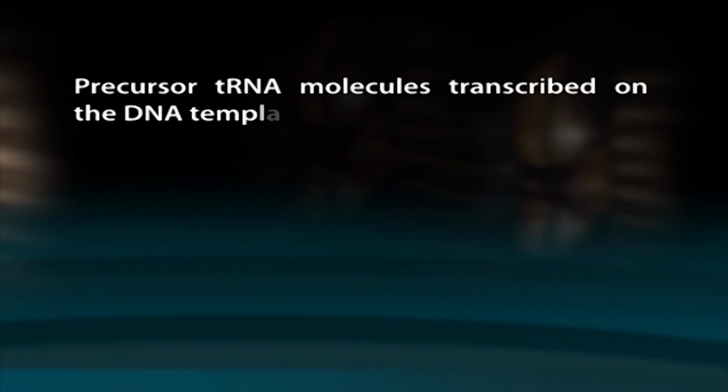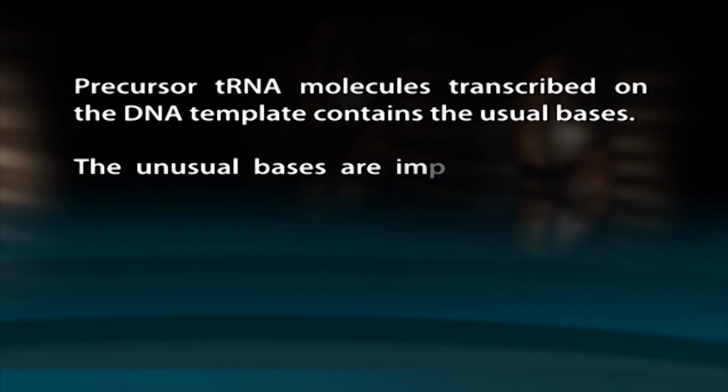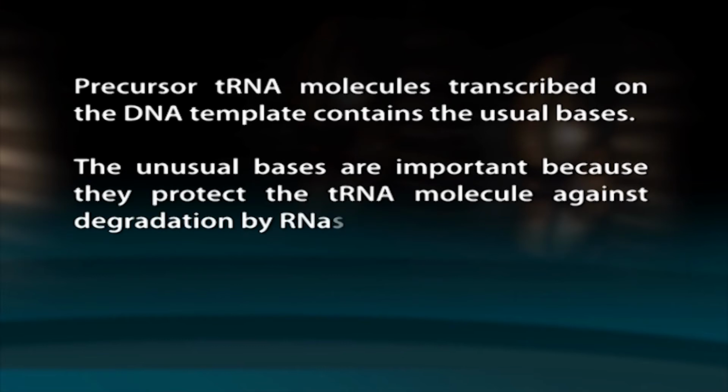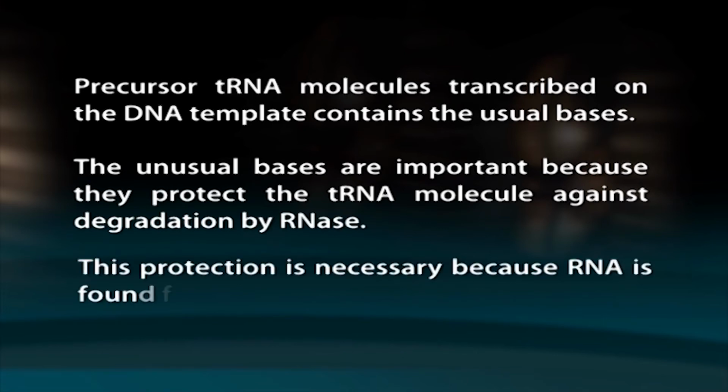For example, cytosine and guanine on methylation yield methyl cytosine and methyl guanine respectively. Precursor tRNA molecules transcribed on the DNA template contain the usual bases. The unusual bases are important because they protect the tRNA molecule against degradation by RNases. This protection is necessary because RNase is found floating freely in the cell.